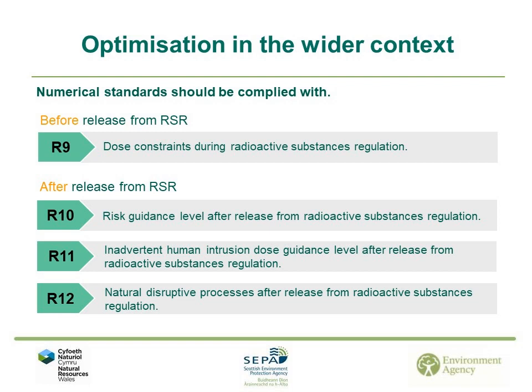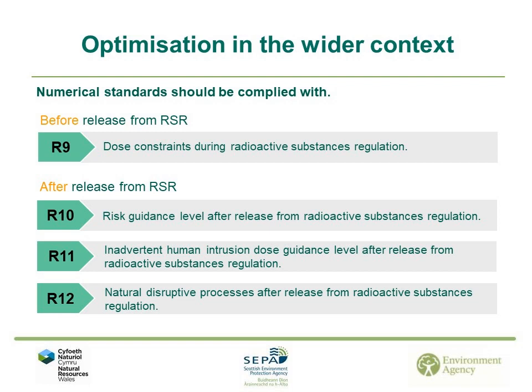Requirement R9 applies during the period of radioactive substances regulation and places dose constraints on any waste management options. Requirements R10, R11, and R12 apply after release from radioactive substances regulation and address different scenarios for exposure to radioactivity. These reflect potential exposures from radioactive waste and contamination being managed on the site.